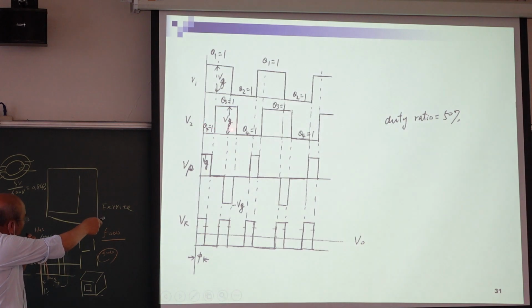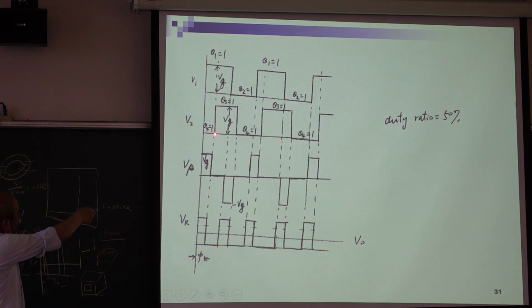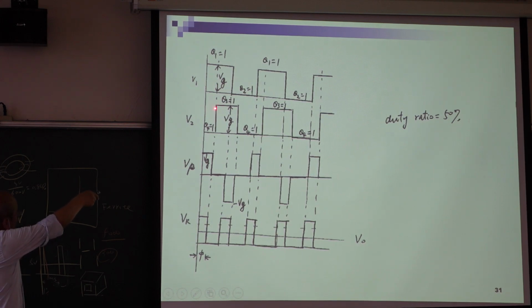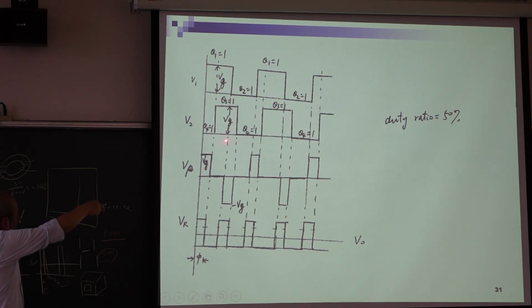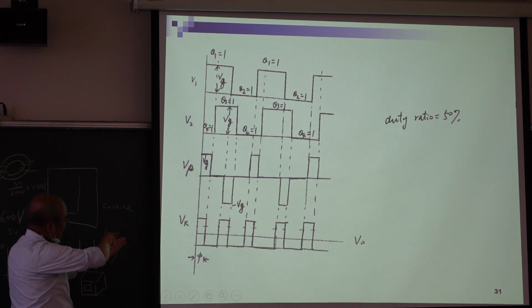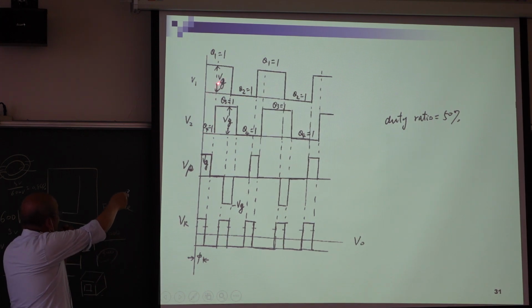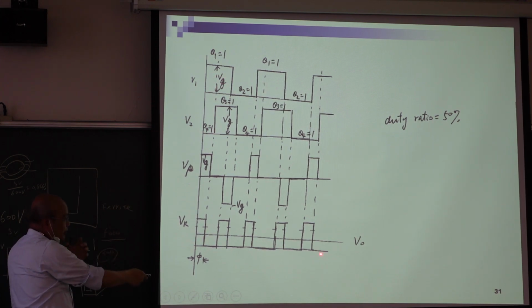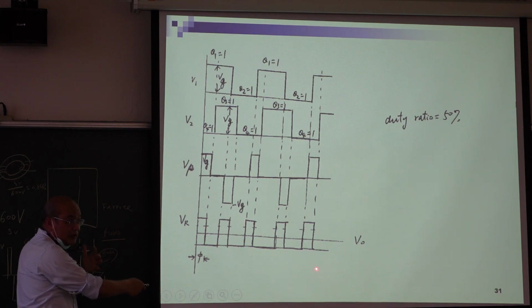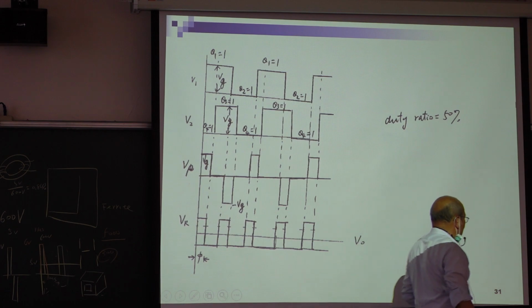If you delay more, then the output becomes more. This is the delay between V1 and V2. So if your delay angle is 90 degrees, then you can get a very large output. If your delay angle is 0, then this minus this, the output is always 0, right? So your output is related to the phase angle.